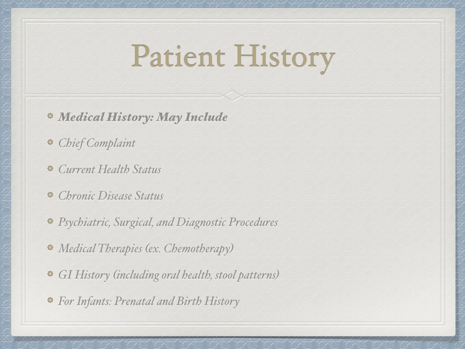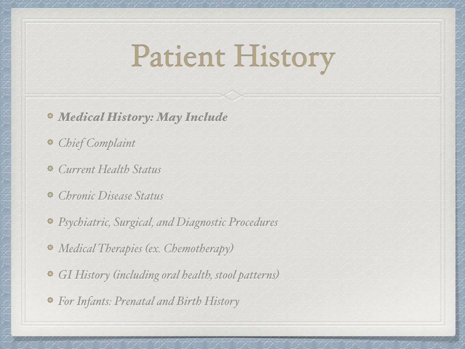As an example, have they recently spent time in the psychiatric ward for an eating disorder, or perhaps had a bowel resection as a surgical patient? And are there any diagnostic procedures such as a PET scan or bone marrow biopsy for cancer that may have nutritional implications? Next is medical therapies, which may include something like chemotherapy, insulin therapy, radiation, or dialysis.